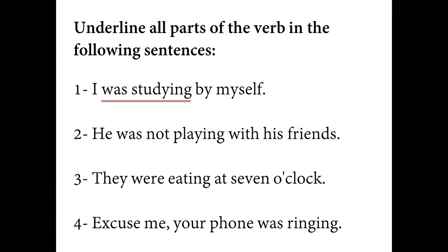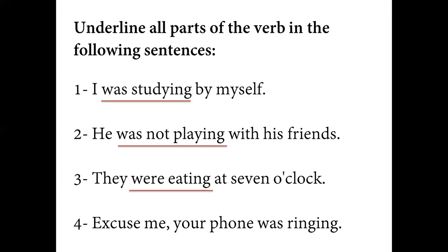You said playing. Be careful. You should here underline all parts of the verb. So in this case, I should say was not playing, because the verb consists of was and were plus not plus the verb ing. These are all the parts of the verb.